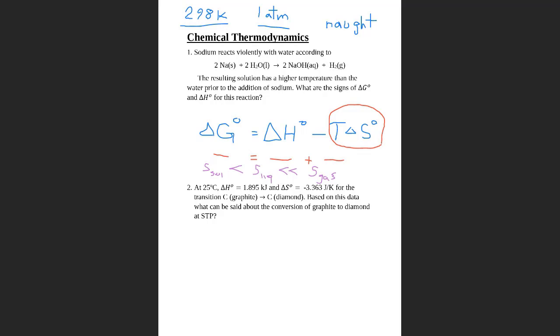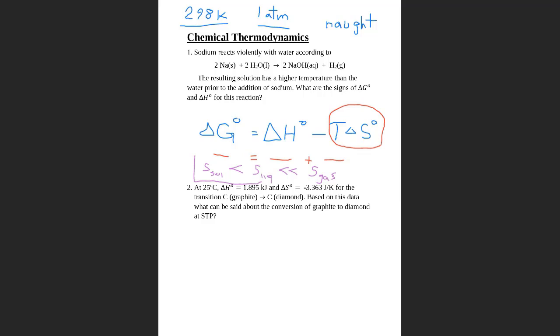So it's pretty clear that a gas molecule is going to have a lot more possible entropy, a lot more possible disorder than a solid particle, right? Yes.